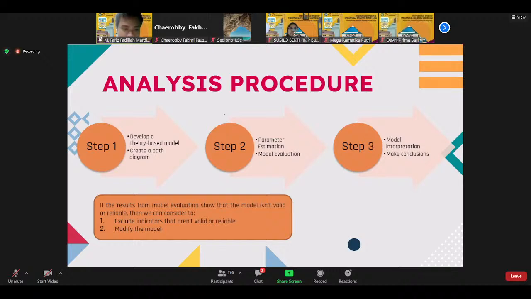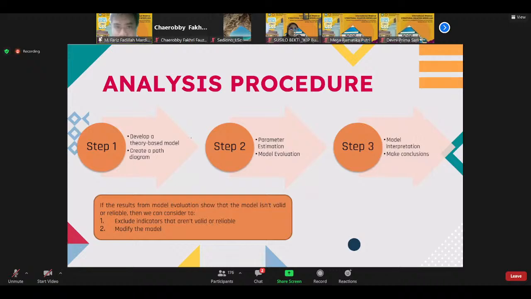And the last is modify the model or the construct, but you must be careful because the model must be suitable with the literature, because this is confirmatory factor analysis, to confirm the literature or confirm the reference.